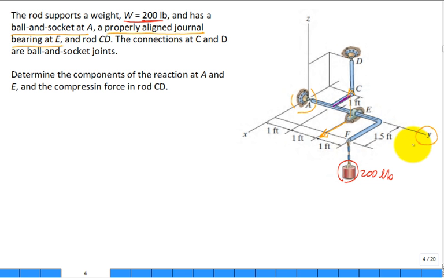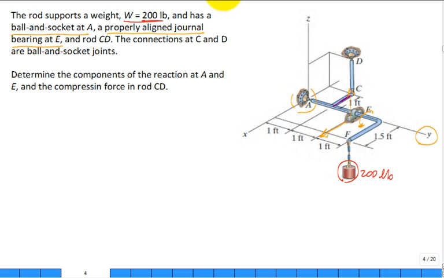A thrust bearing would prevent it from sliding through it or into it further. But this is just an open journal bearing. It would allow it to slide in the Y, and it offers no resistance to rotation of that part going through the bearing. So it would offer no moment to resist the tendency to want to rotate.